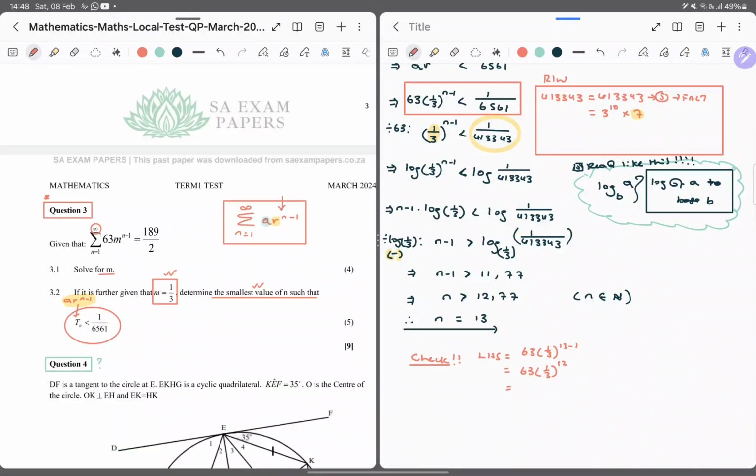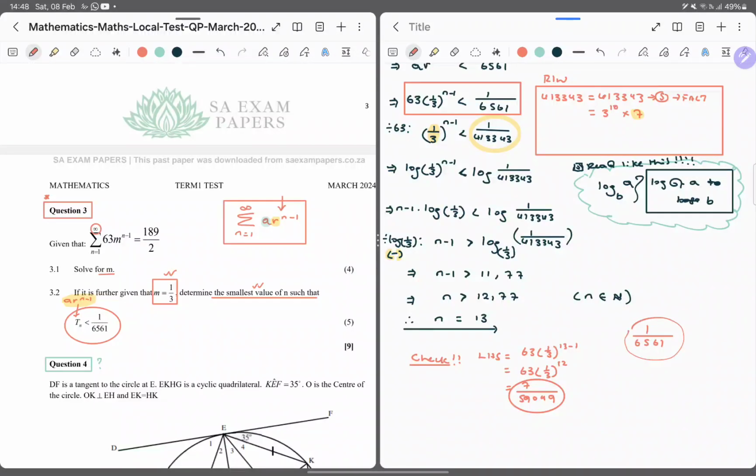What is the answer then? 63 into 1 over 3 to the exponent 12. I am getting something like this, 7 over 59049. Okay, but now what was the other one? It was 1 over 6561, right?